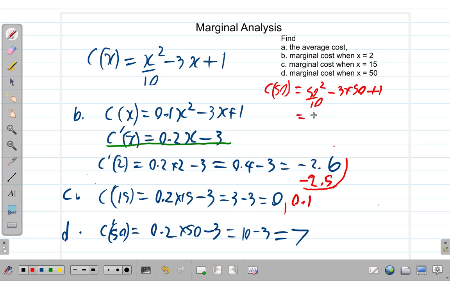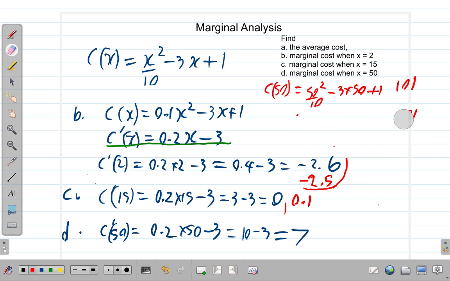So this would be 50 squared, 2500 over 10, which comes back down to 250 when you divide by 10. Minus 3 times 50, which is 150, minus 150 plus 1. What do you get when you work this out? You have 250 minus 150 plus 1. That gives you 101.